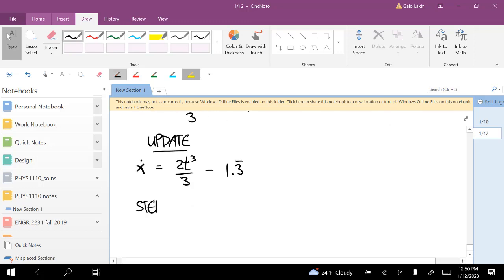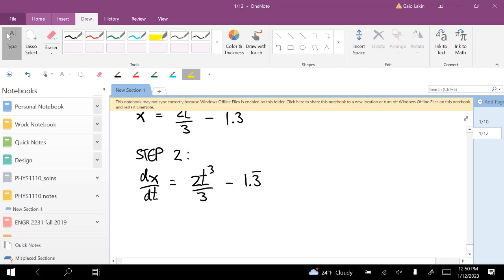You know, so the second step, we're going to start with dx dt is equal to 2t cubed over 3 minus 1.3 repeating. Our function of the independent variable is all this stuff that we see. Our function of the dependent variable is 1 again.